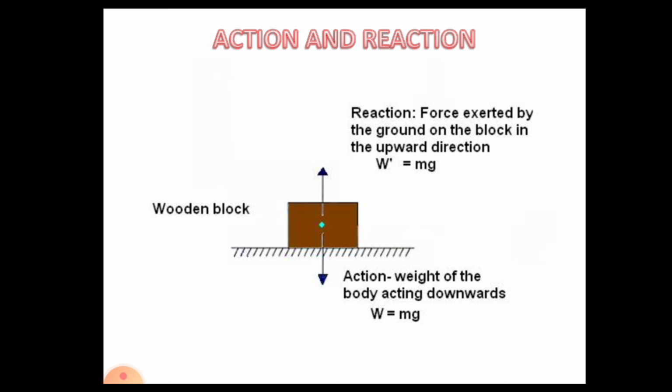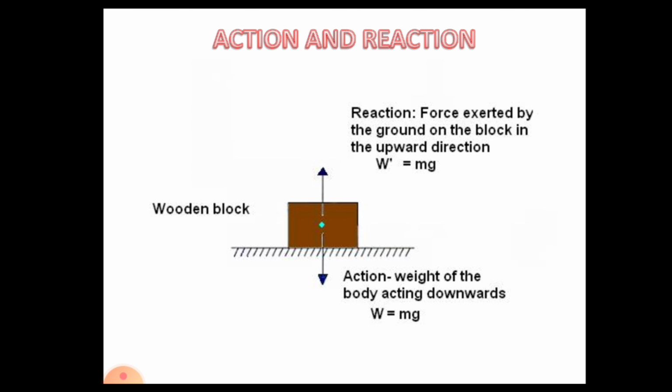This is the action force. And the ground exerts an equal and opposite force, that is W equal to mg, on the block in the upward direction. This is the reaction force. Hope you understood what action and reaction are.